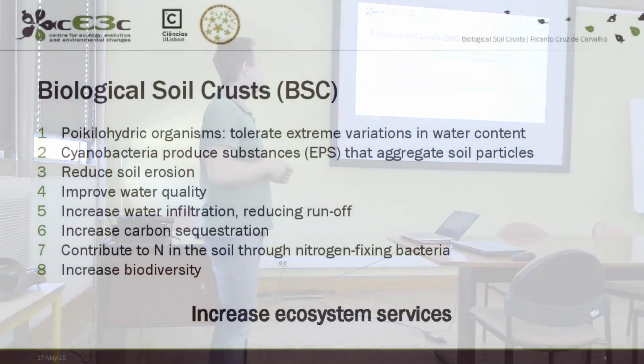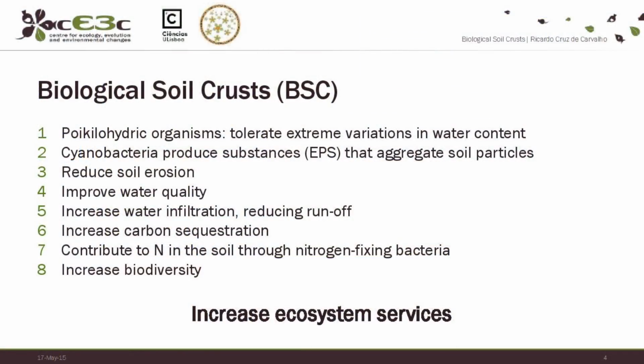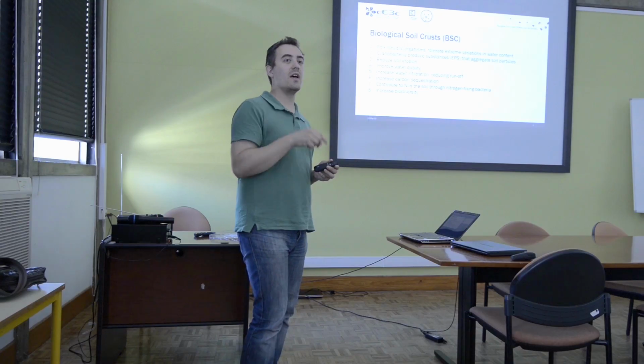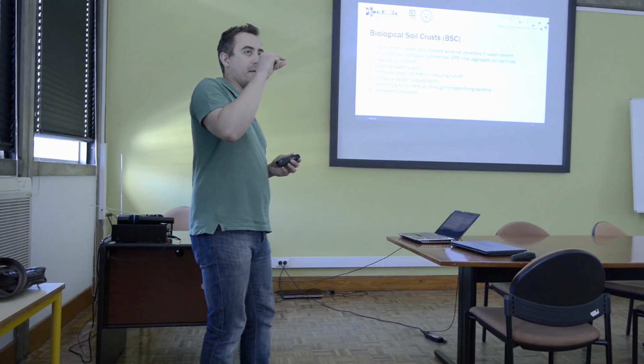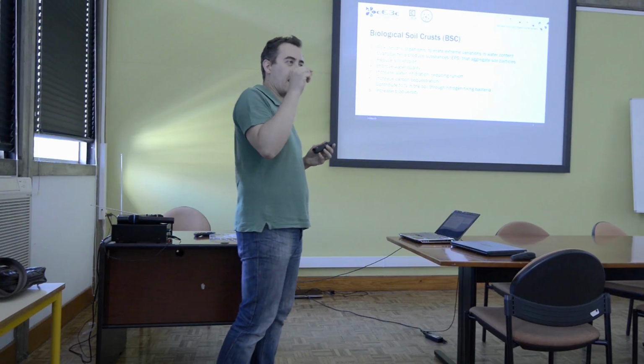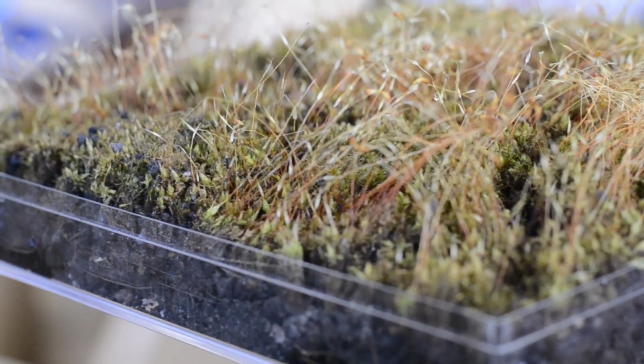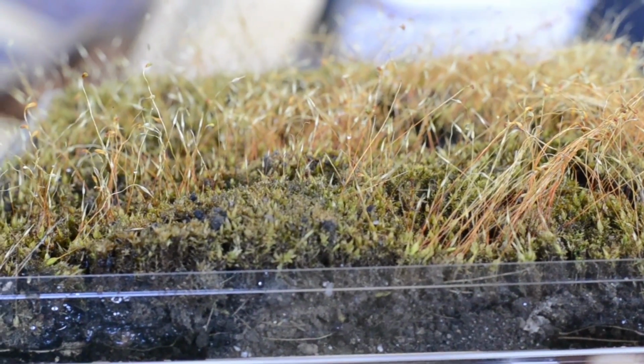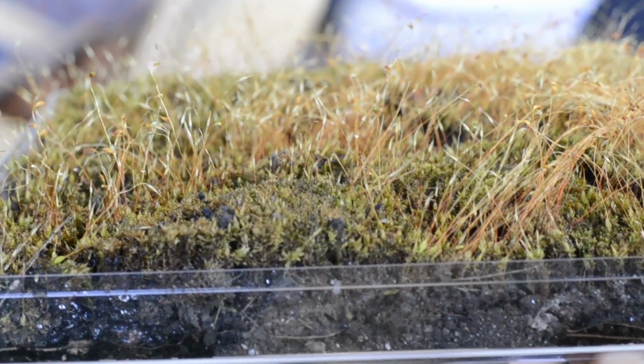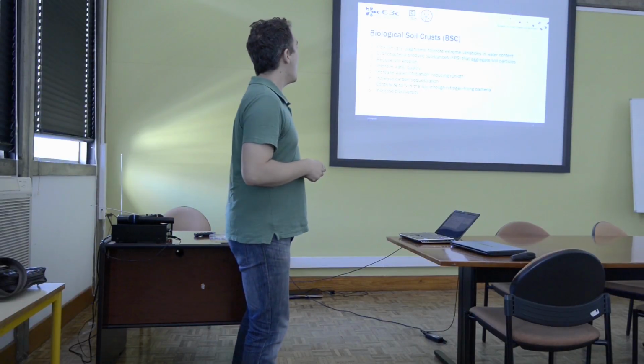Also, cyanobacteria produce substances, EPS, extracellular polymeric substances, that aggregate soil particles. You can see in the crust, I don't know where it is, but it's like 5 millimeters. It can aggregate and stabilize the soil, so it reduces soil erosion. It also improves water quality because it retains a lot of particles.